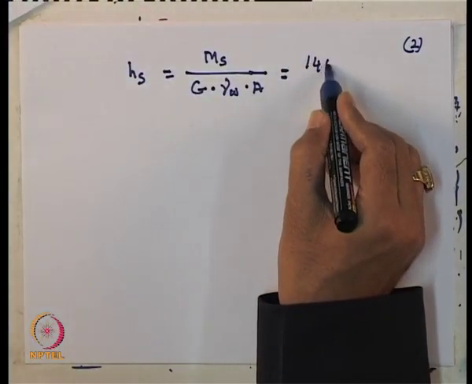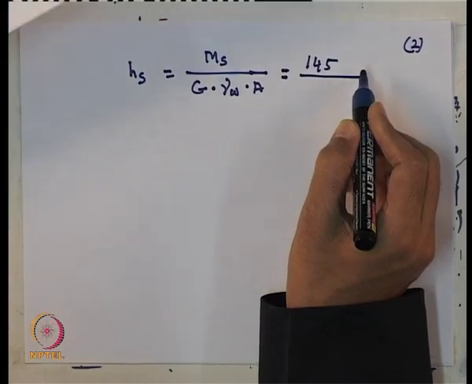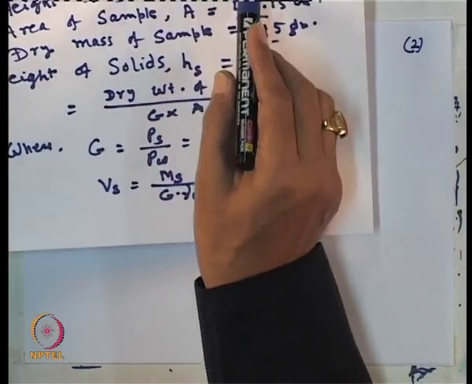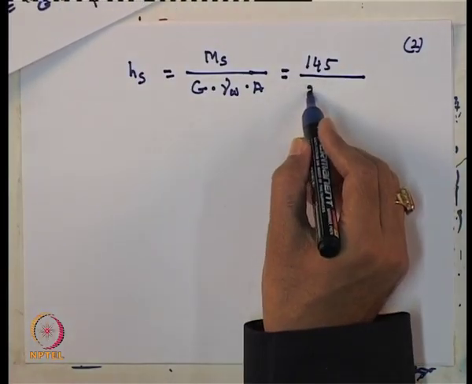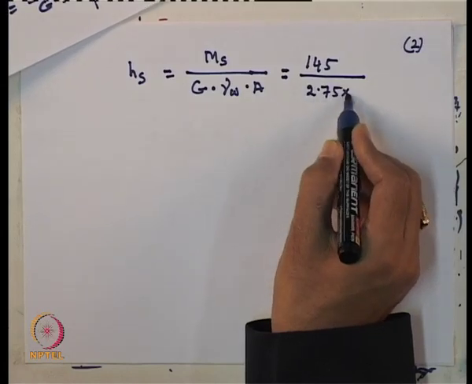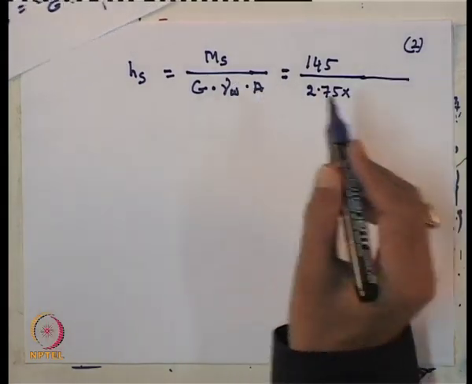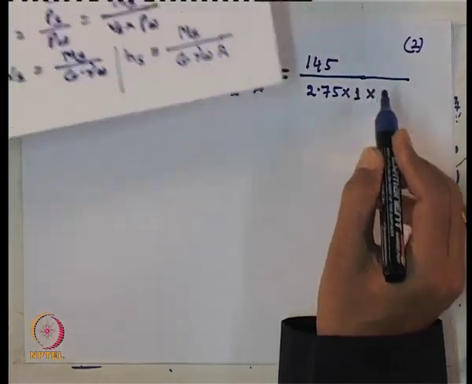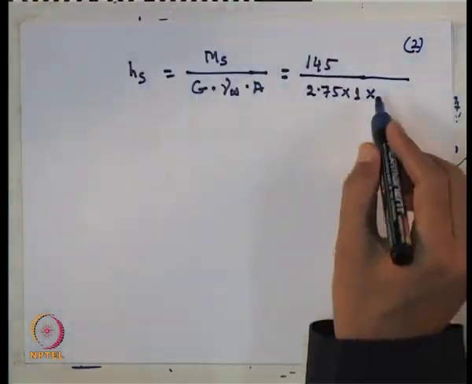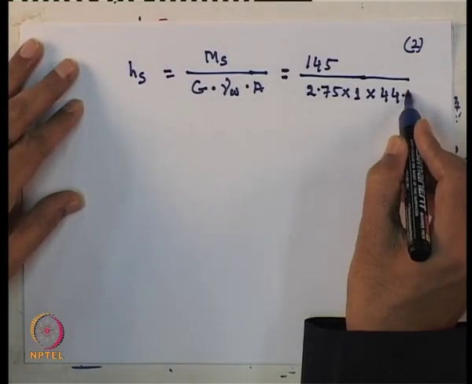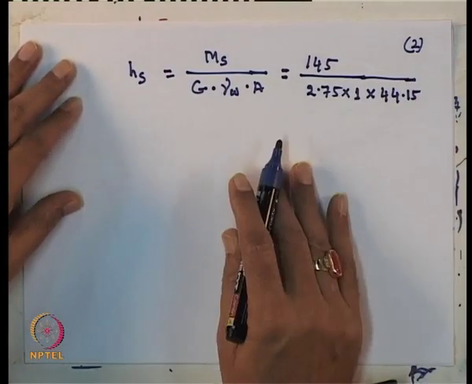So you can write 145 divided by the G value 2.75, gamma_w or rho_w is equal to 1, into the area 44.15. Okay.